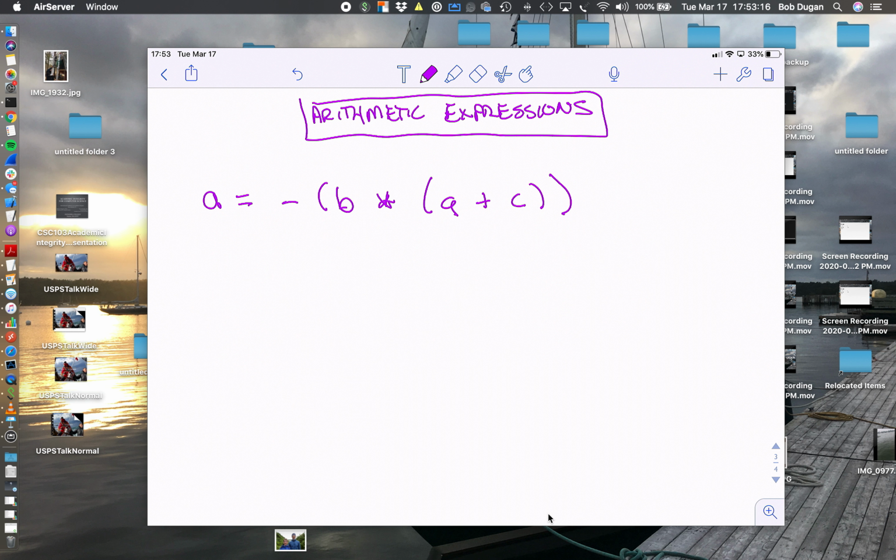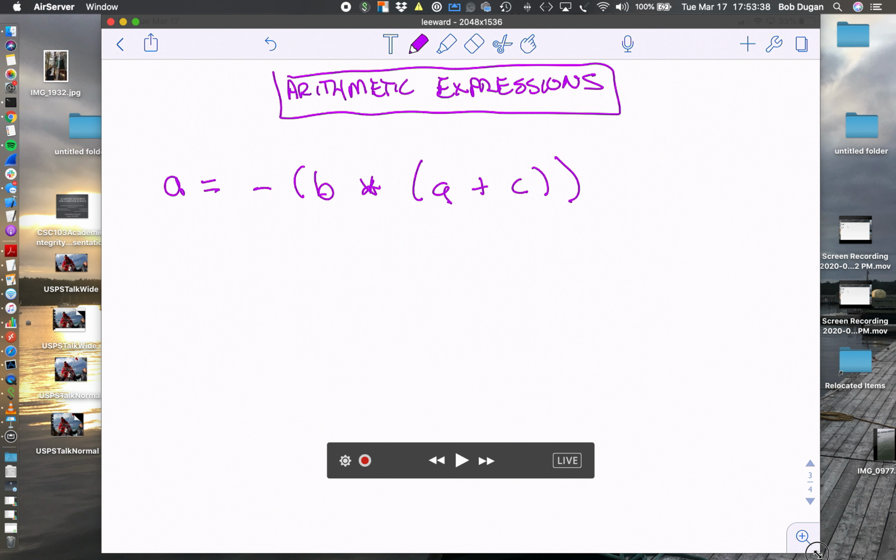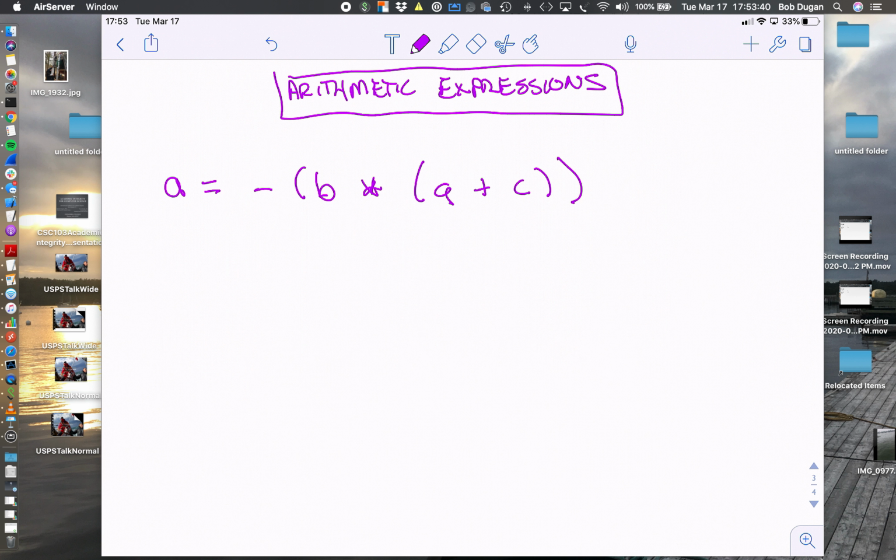What I'd like you to do is take a moment now that you see this, and see if you can identify what the operators are in the expression, what the operands are, where the assignment occurs, and what the L value is. So I'll list that.